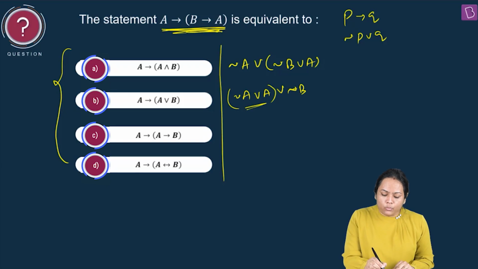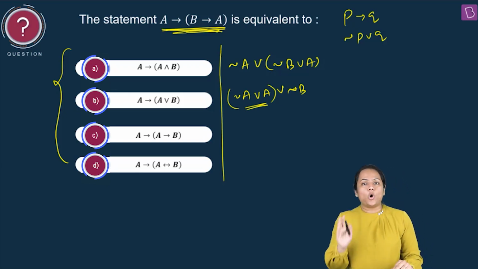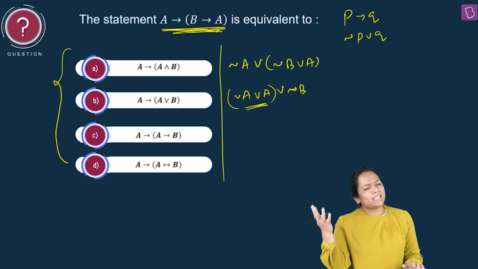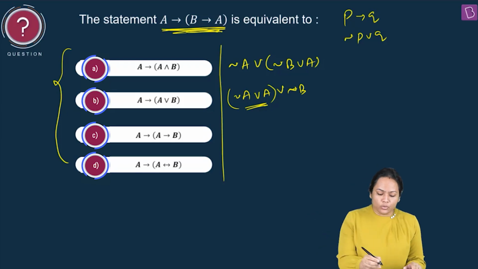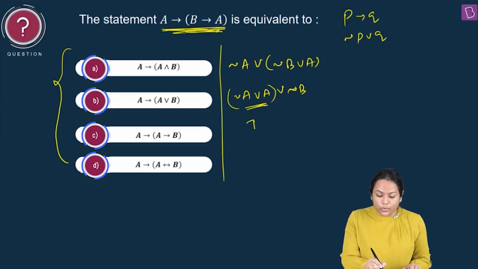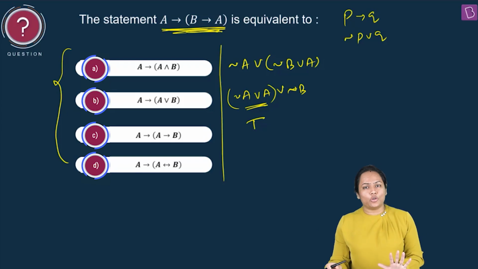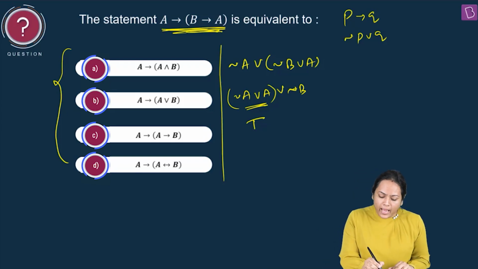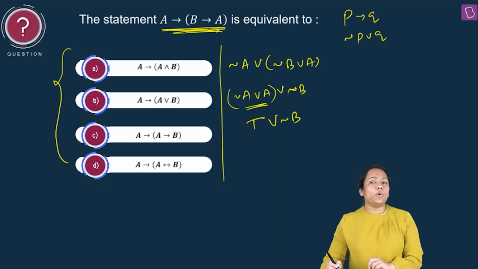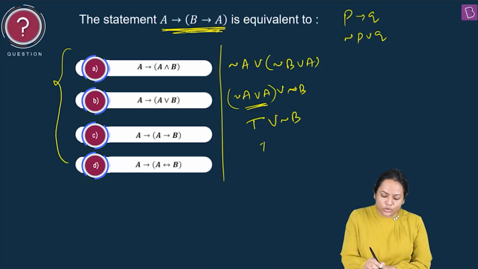So therefore, what is negation of A or A is my next question. Well, we know that this is always going to be true, or a tautology, isn't it? So I have a true statement or a tautology, and then I have or negation of B. So this is going to give me again a tautology.